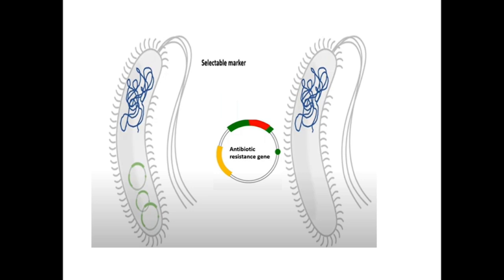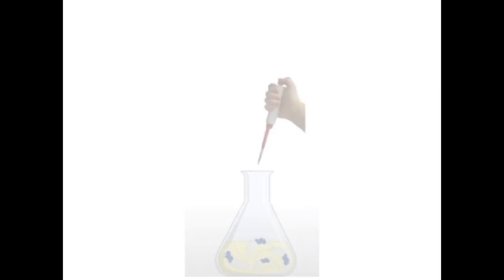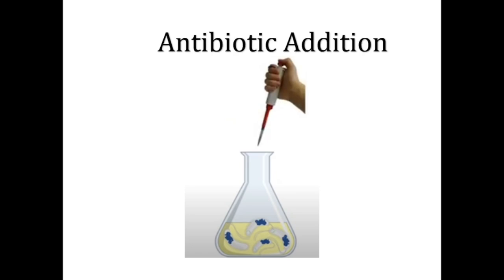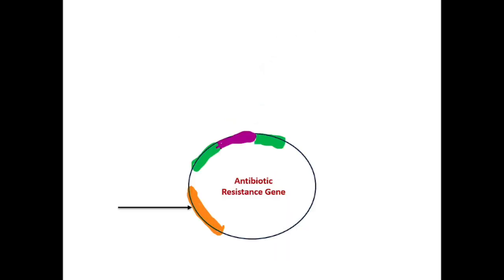Only the bacteria which have the antibiotic resistance gene against the antibiotic we have added will grow in that media. If the plasmid has the antibiotic resistance gene, the bacteria survive, and the bacteria that do not have the antibiotic resistance gene will die. So we do not take the bacteria which don't have the antibiotic resistance gene.